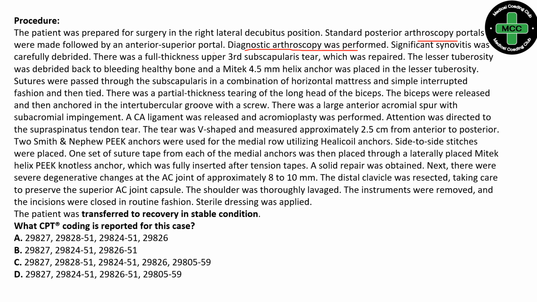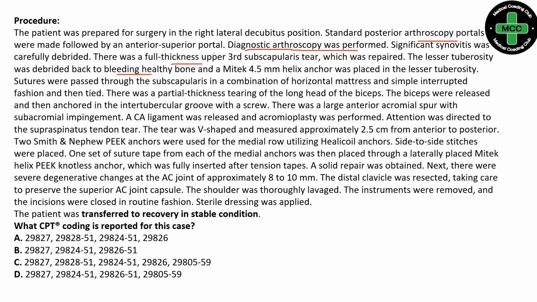Then significant synovitis was carefully debrided. There was a full thickness upper third subscapularis tear, which was repaired, and the lesser tuberosity was debrided back to bleeding healthy bone. A 4.5 mm helix anchor was placed in the lesser tuberosity.